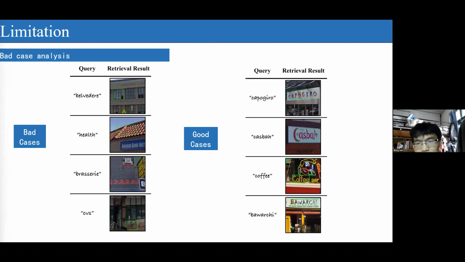For example, neatly arranged windows and bricks are usually matched to queries containing the characters M, N, or B, and bicycles with V-shaped structures are likely to be treated as text.